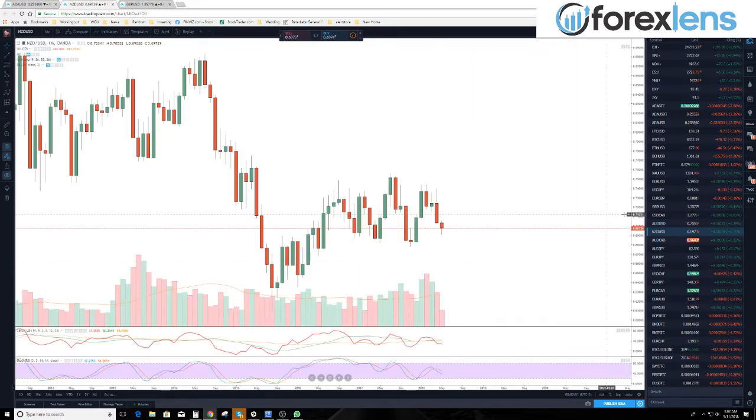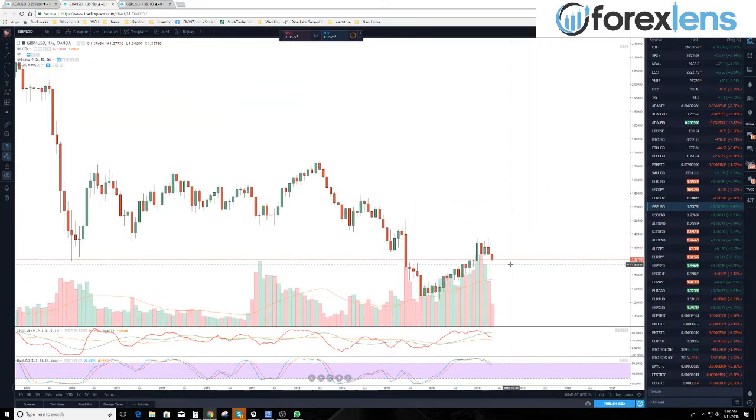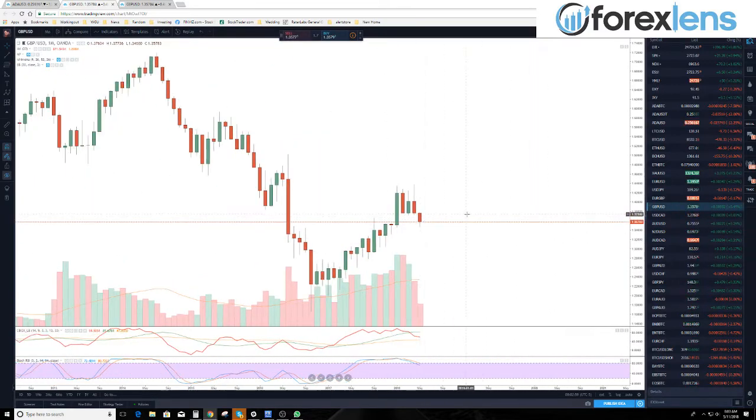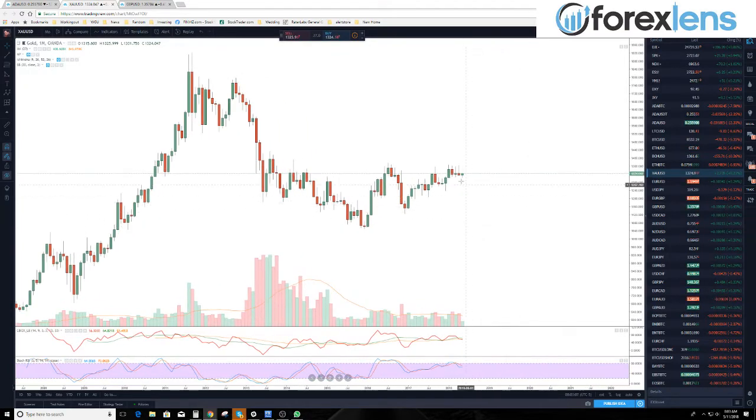New Zealand dollar still looking weak on the monthly. Pound dollar just getting started still on its monthly drive down. It's hard to believe that. Gold is getting close to turning down here. We'll have to see.